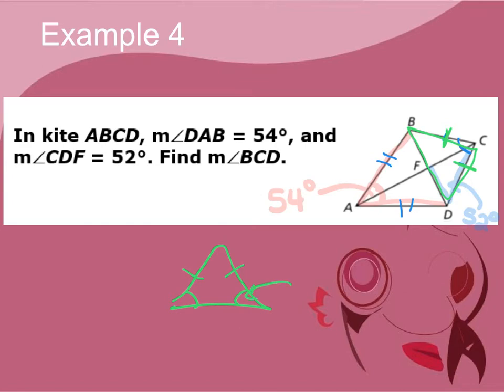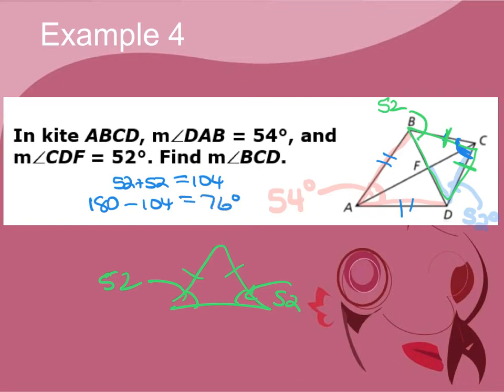So if this one here is 52, so is this one over here on this side. So this would also be 52. To find the angle they want me to find, the tippy top here, I could add 52 plus 52 and get 104, and then subtract that from 180 and find out my missing angle is 76 degrees.